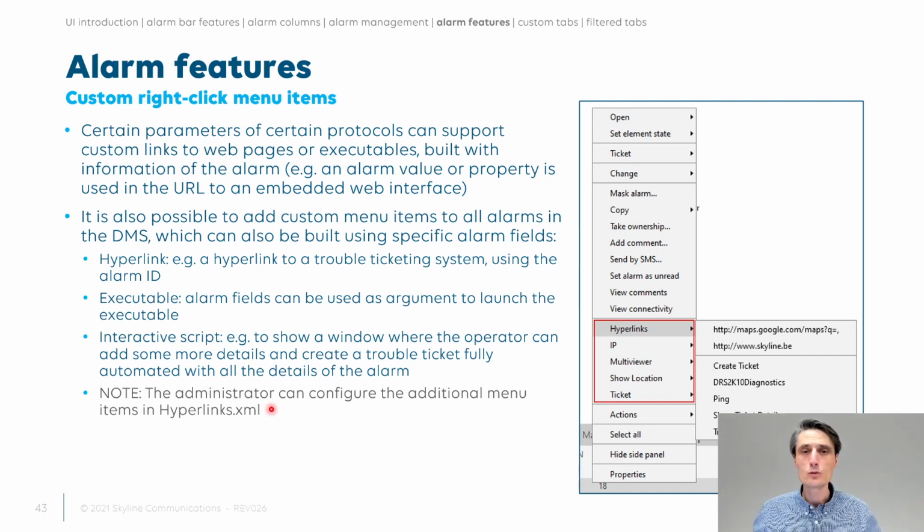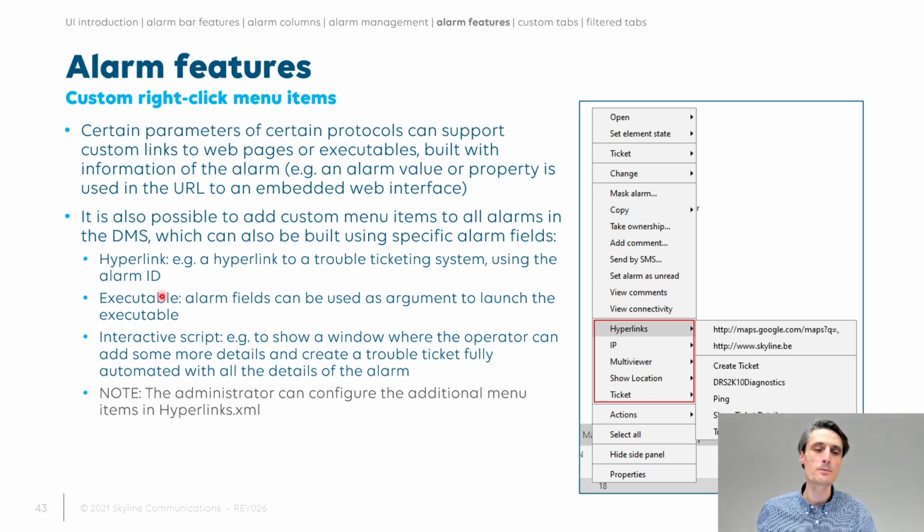Now, what I do want to mention also is, next to those additional right-click menus that I can specify in the hyperlinks XML, it is also possible that certain parameters of certain protocols immediately have that available natively from the driver. So we do have the possibility in a driver to immediately leverage those additional right-click menus as well.